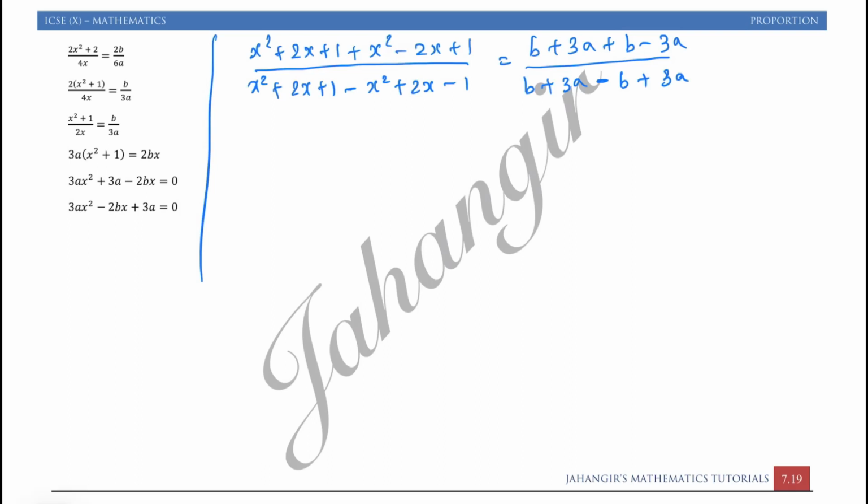Plus 2x and 2x will get cancelled, x square will get cancelled, 1 and 1 will get cancelled, 3a will get cancelled, all these terms will get cancelled. Whatever is left, just write it down.